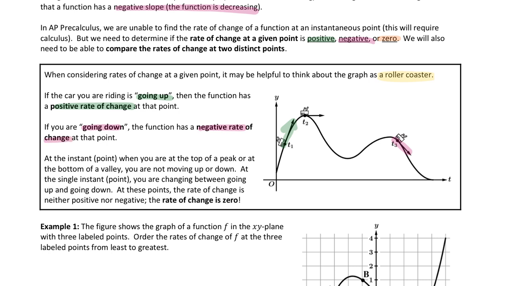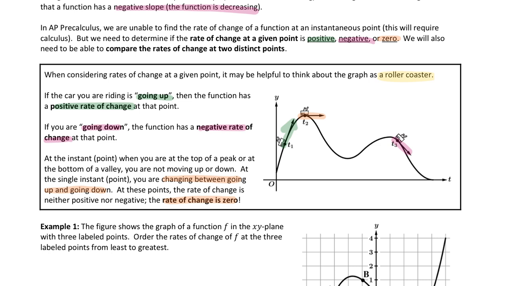That makes sense. But what's interesting is at the exact instant or point when your little cart gets to the very, very top of the hill, you are changing between going up and down. So we need something to determine that we are changing between being positive and being negative. That is where you're going to have a slope of 0 or a rate of change of 0.